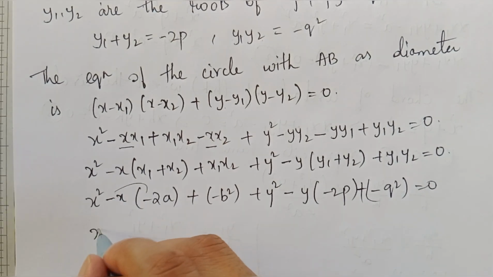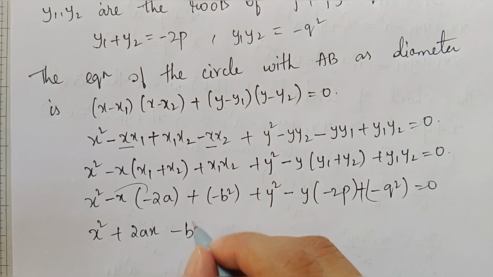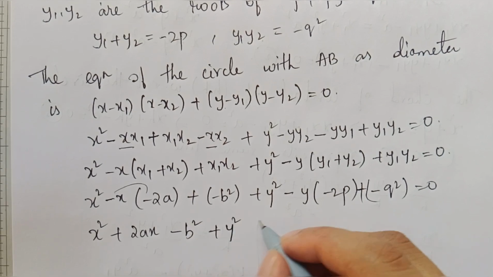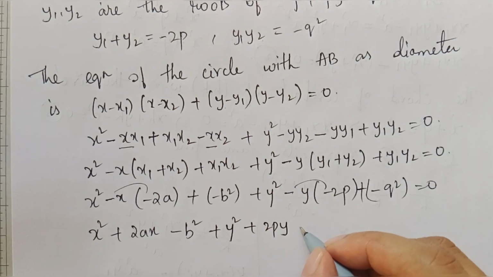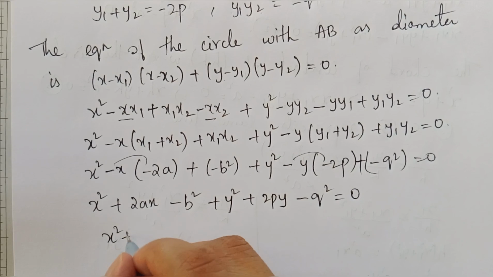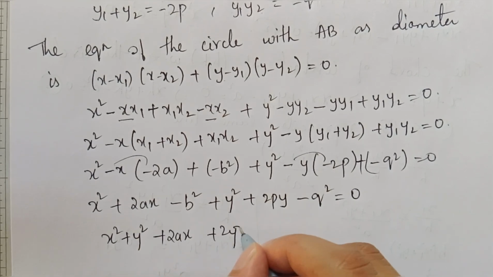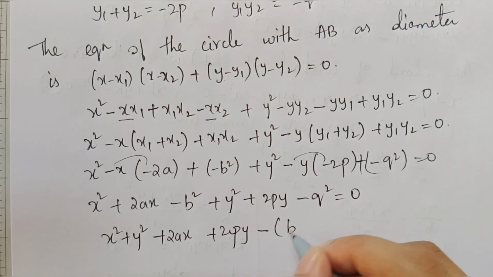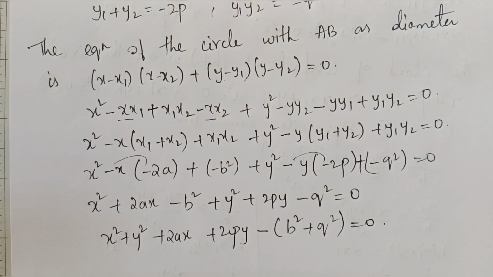Minus of minus becomes plus, so it is plus 2ax, and minus b square, plus y square, plus 2py, minus q square equals 0. So this can be written as x square plus y square plus 2ax plus 2py minus (b square plus q square) equals 0, which is our final answer.